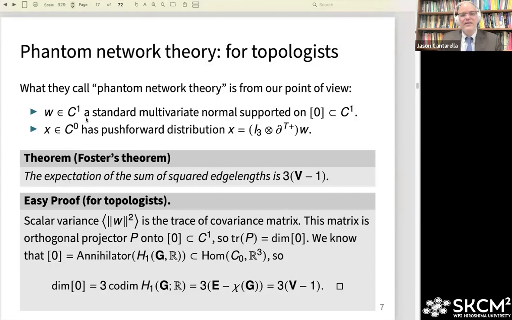If I think about embeddings of the graph that come from this multivariate normal distribution, then the expected sum of squared distances between vertices that are connected by an edge is 3 times the number of vertices minus 1. That's kind of surprising because it's a simple exact formula. Okay, so here is an easy proof if you're a topologist.